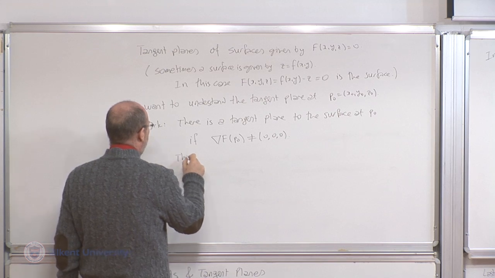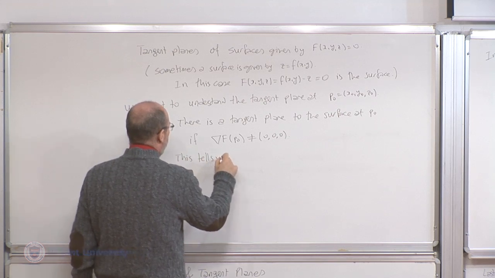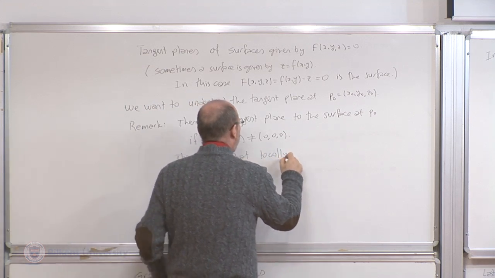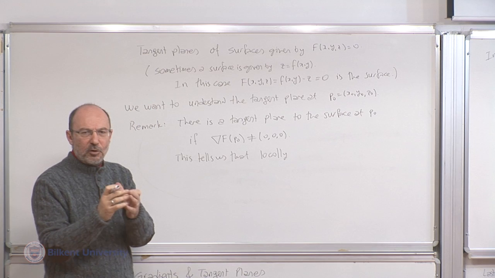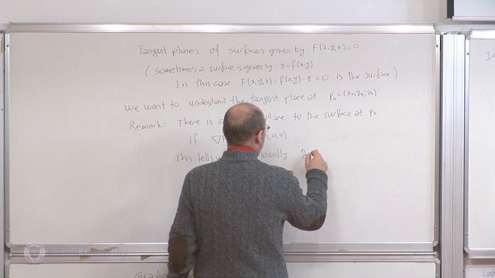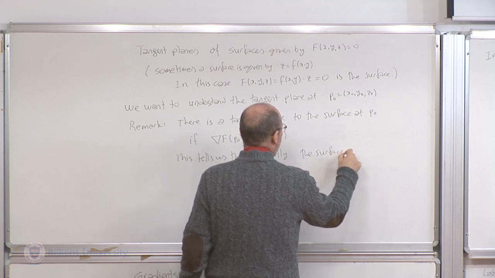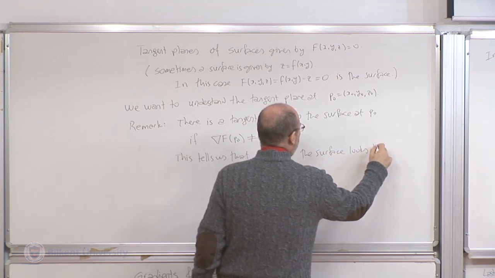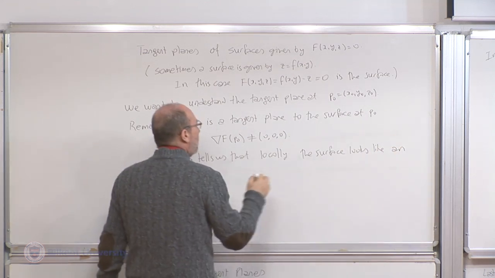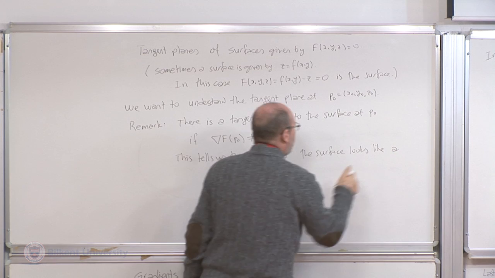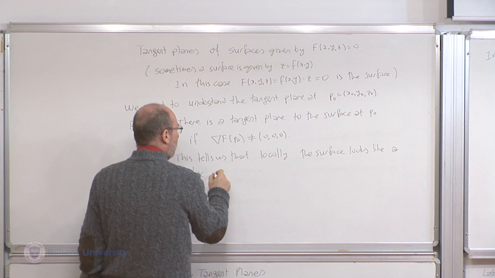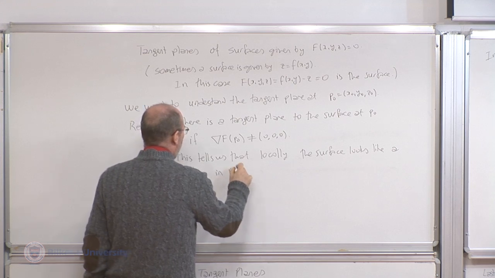This tells us that locally, and locally in mathematics means that around this point there is some small neighborhood, the surface looks like an open disk, let's say, in R2.